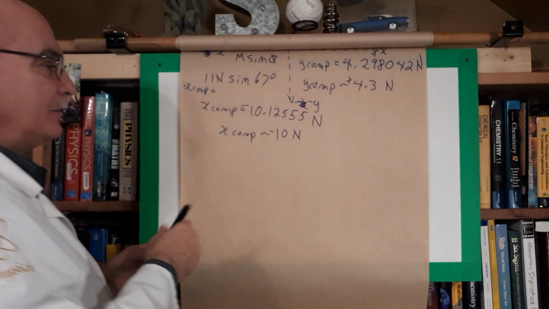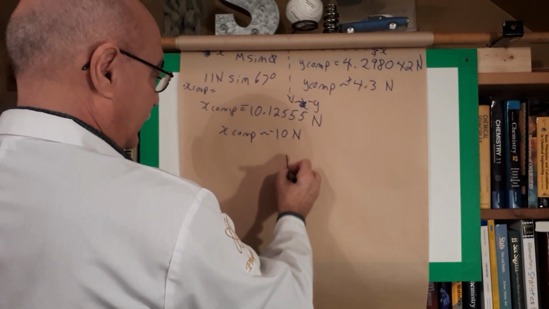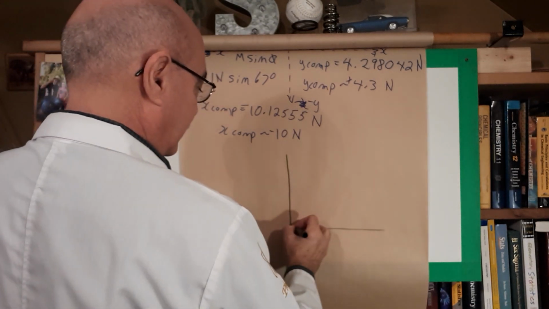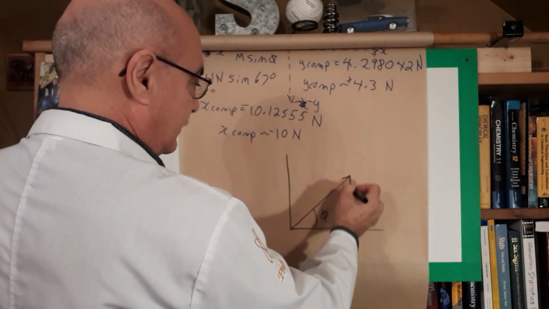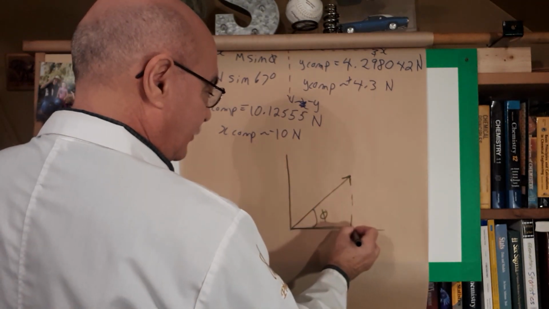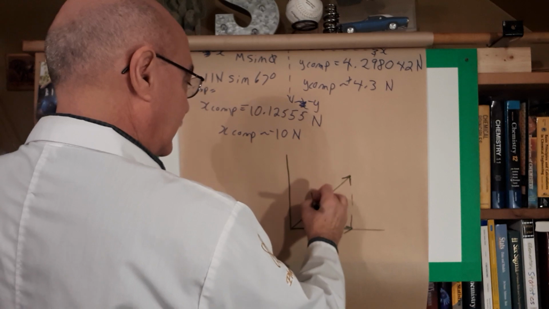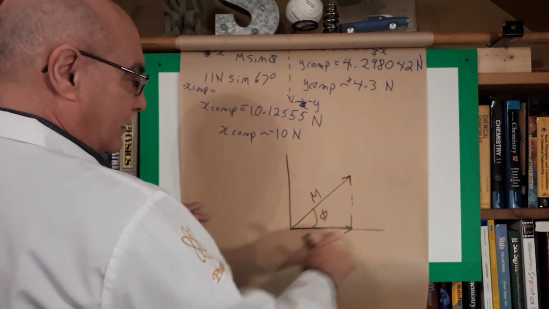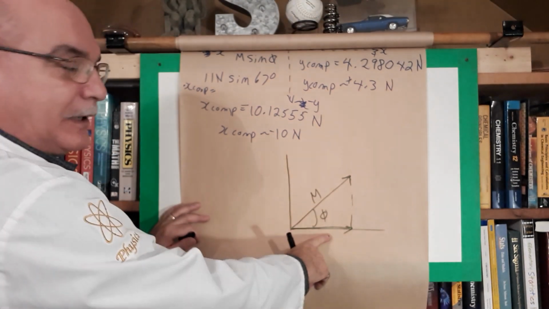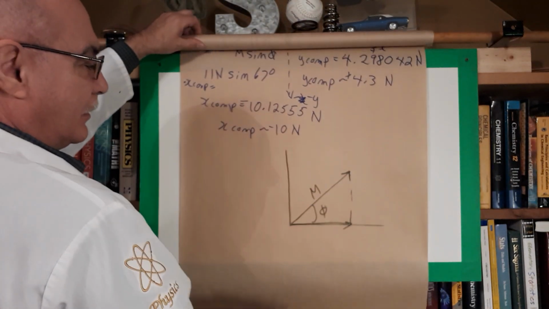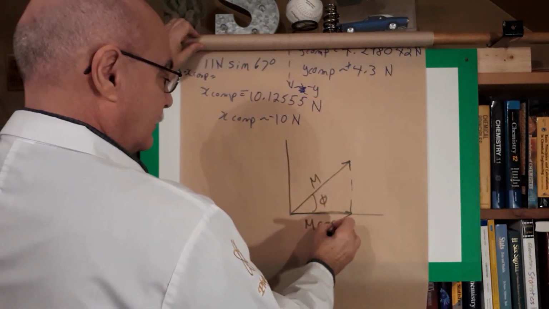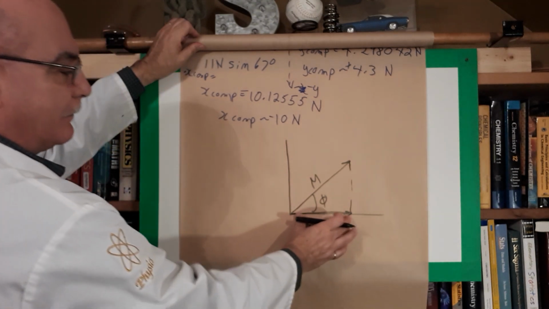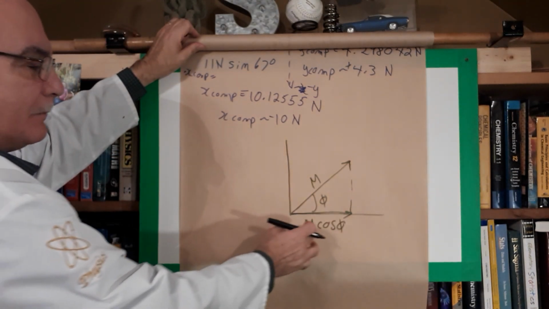The general equation that is used is generally shown like this. Here's a vector. Here's an angle theta. The x component, I should say, is, and we'll give the vector a value m. Since this is adjacent to the angle, but not always, as I showed you earlier, the magnitude of this component is m cos theta.